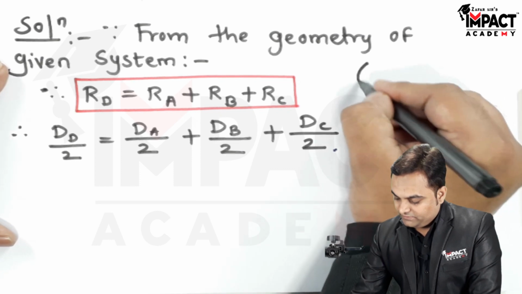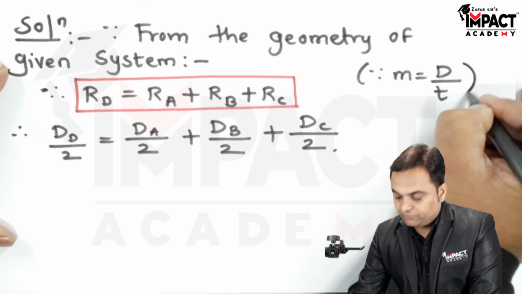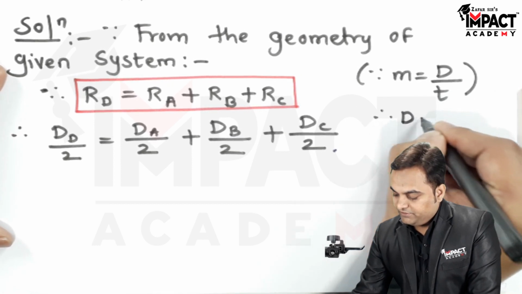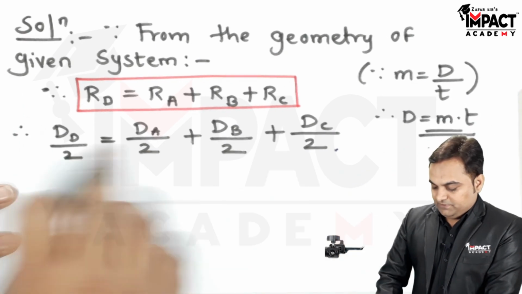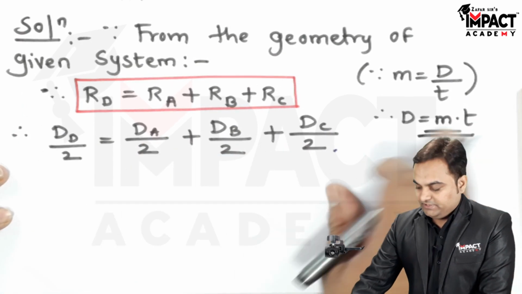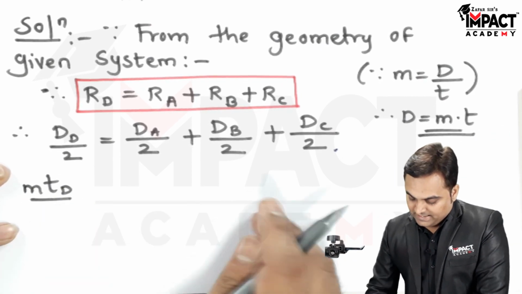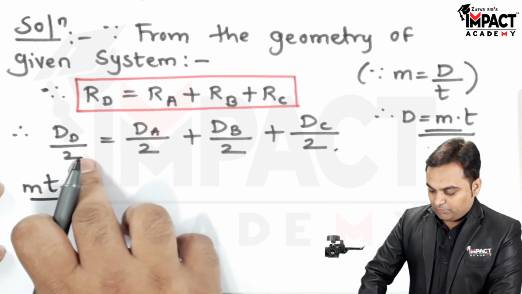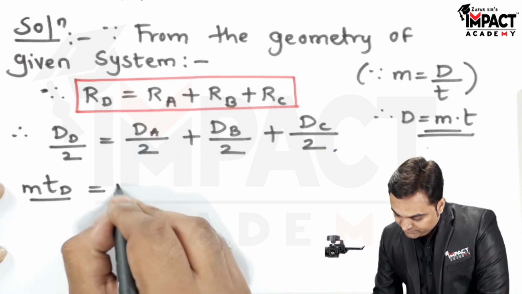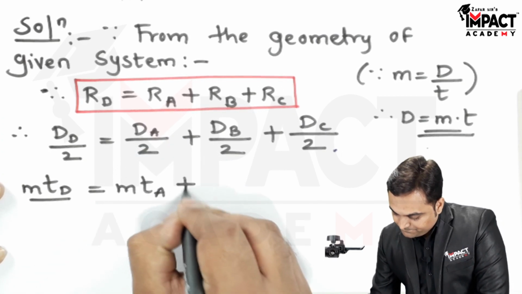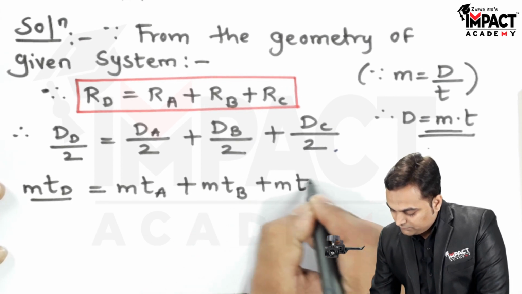Now since we know that module is pitch circle diameter divided by the number of teeth, therefore diameter is module into number of teeth. So here I would be replacing all the diameters with m into t, that is module into number of teeth, first for wheel D. And also I can say that 2 is common in all the elements, so it gets cancelled out, and we have m into TA plus m into TB plus m into TC.